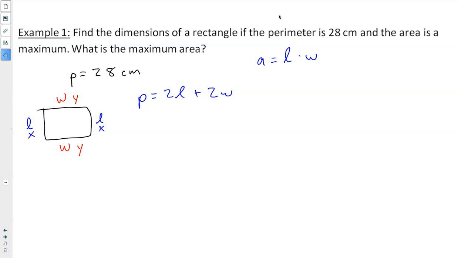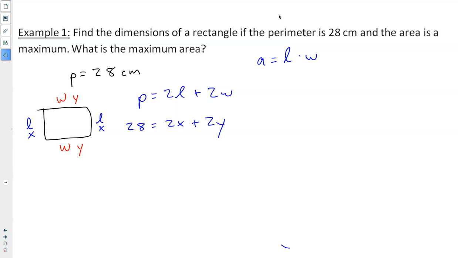And we also know our perimeter is 28 centimeters, so we can rewrite this equation as 28 is equal to 2x plus 2y. Okay, at this point, let's write this equation in terms of y.